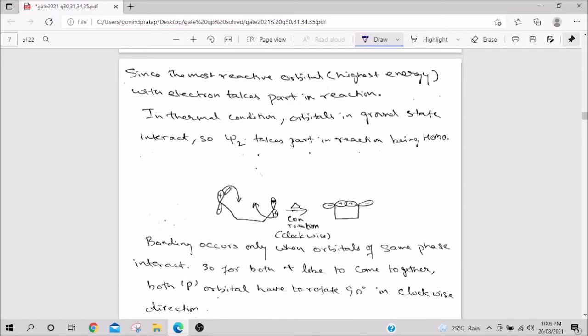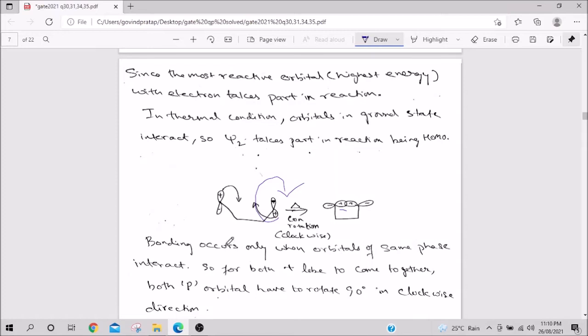Now, when the bonding has to form, plus has to interact with plus or minus with minus; plus cannot interact with minus. If this plus has to meet this plus to make a sigma bond, they both have to rotate only 90 degrees. This rotates in this direction and this rotates in this direction so that they meet. This rotation is called clockwise rotation, like a clock. Similarly, this one is also clockwise.